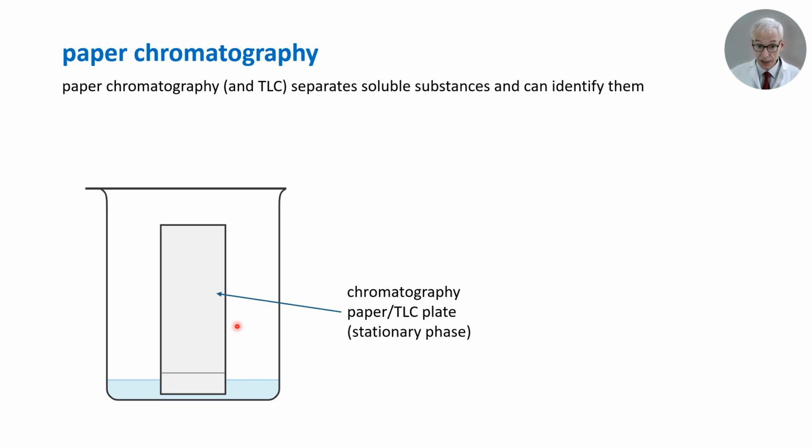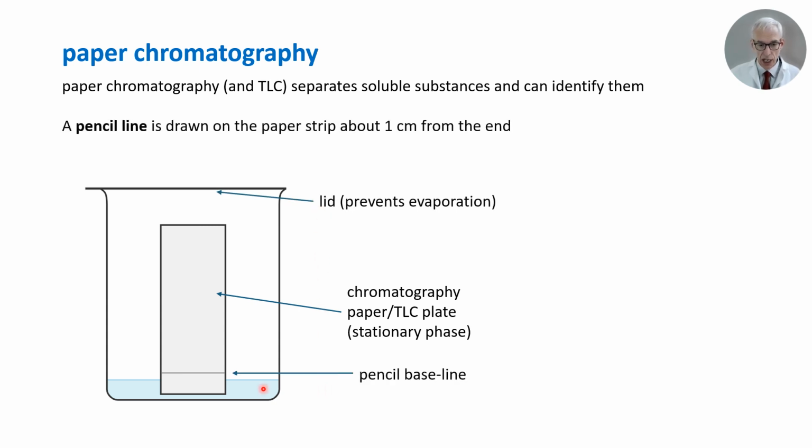The setup is a chromatography tank or beaker with a chromatography paper and a lid to prevent evaporation of the solvent. A pencil line is drawn on the paper strip at about 1 centimeter from the end.